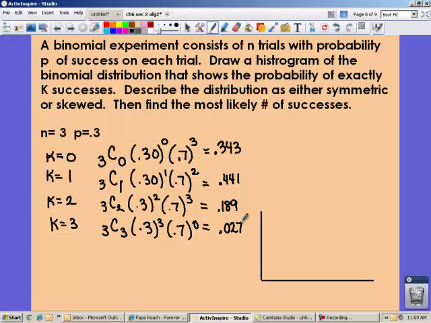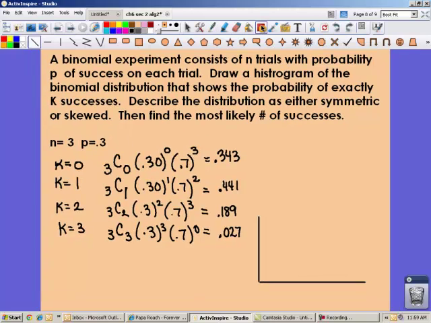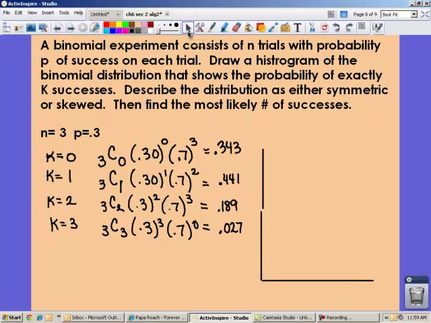Now that you have all of your answers, we got to make your histogram. And again, it looks like the highest one is 0.3, so I'll make my graph go to 0.4. Or I'm sorry, the highest one is 0.4, it's a little above it. So we want to make the graph go to 0.5. So I'm going to extend this up a little bit here. And so we start with 0, 0.1, 0.2, 0.3, 0.4, 0.5.